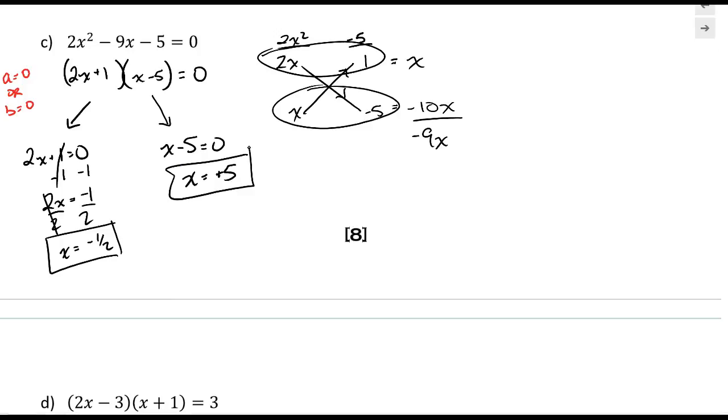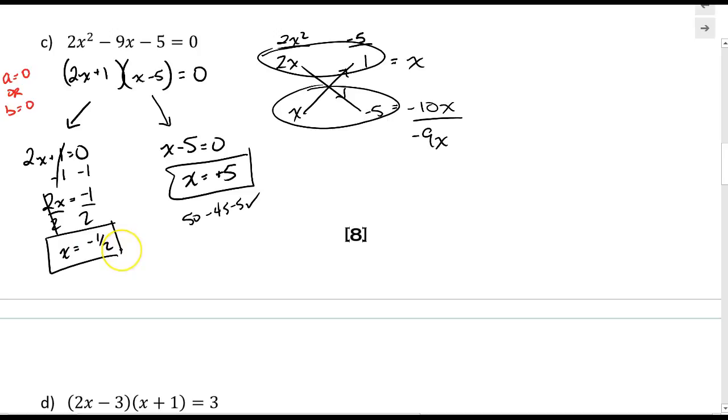Plug them into your original equation to check that they work, just to be sure of your answer. 5 squared is 25 times 2 is 50. Minus 9 times 5 is 45 minus 5, and that does equal 0.